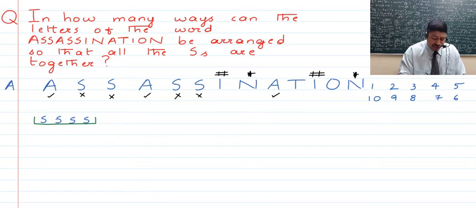So even if you change their order, it will not make any difference. The number of arrangements possible with all the S's together will be just 1, as every S is identical. Even if you change its position, they will look the same. So this just becomes like a single big element.